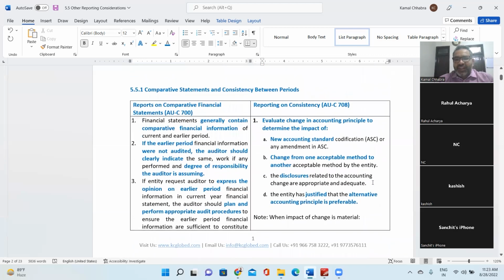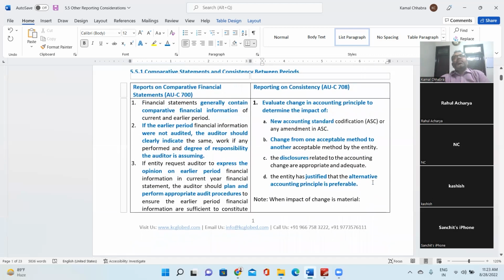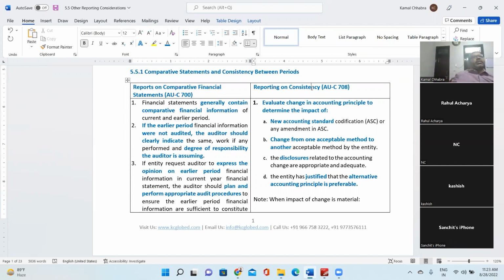Yes, sir. Okay, cool. So now coming to the right hand side, reporting on consistency. First we understood reporting on comparatives. Now we are discussing reporting on consistency. When it comes to consistency, you need to look at three things. One is any change in accounting principle, right?